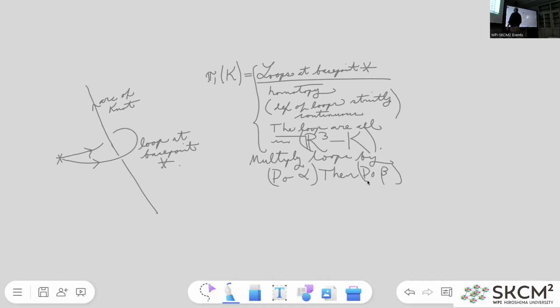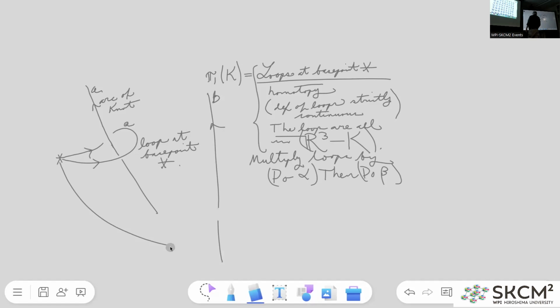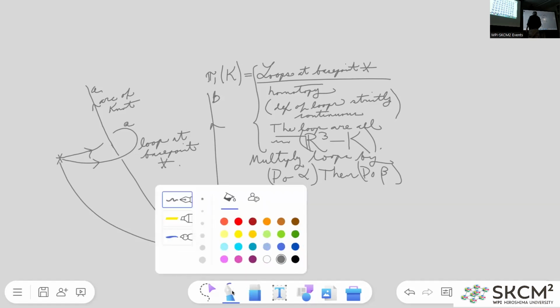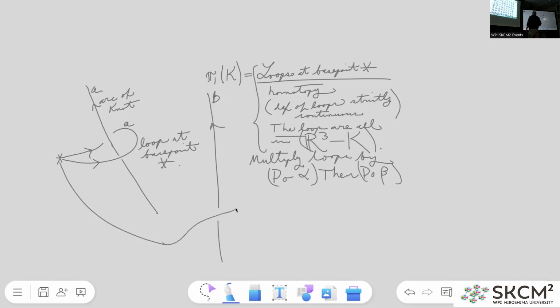So for example, if I had another curve over here, add another arc. Let's call this one A, corresponding to arc A, and we'll call this one B. And now we would go from the base point and around this one and come back.